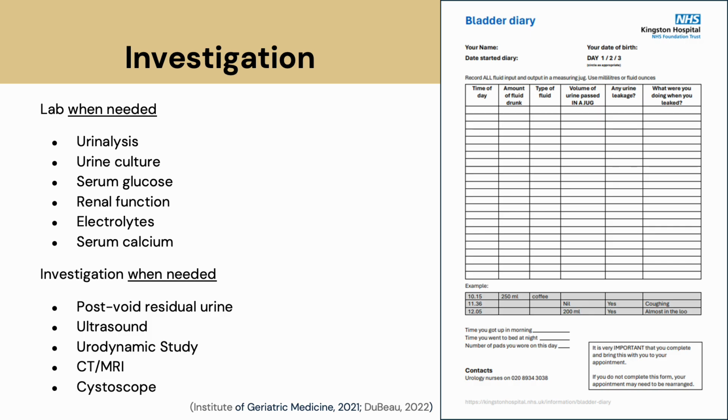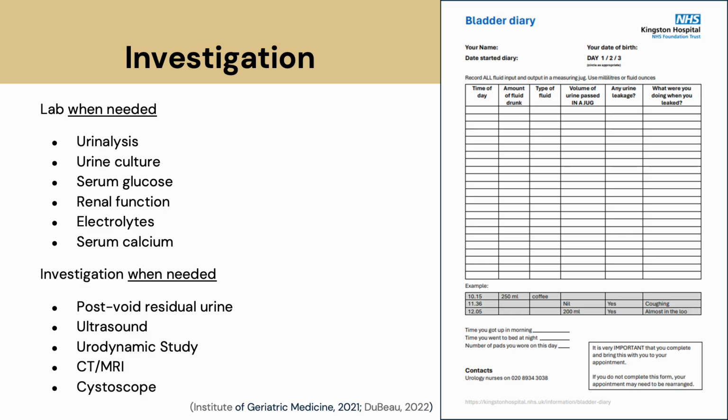As with the physical examination, investigations should be guided by the clinical history and examination findings rather than ordered routinely for every patient. Basic laboratory tests may include urinalysis and urine culture when UTI or hematuria is suspected.